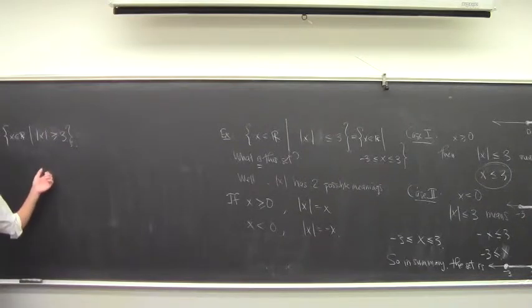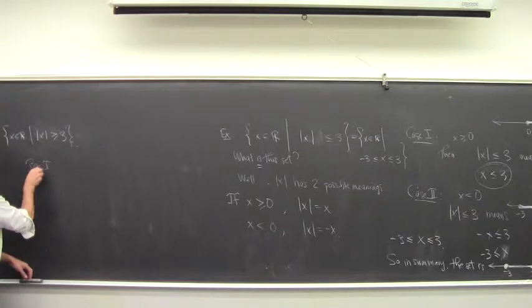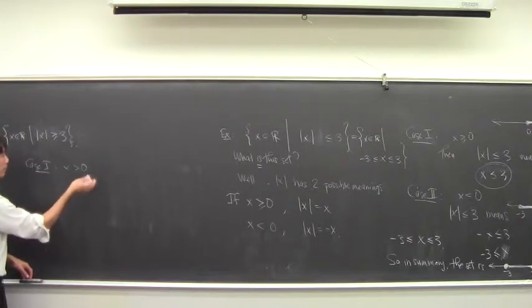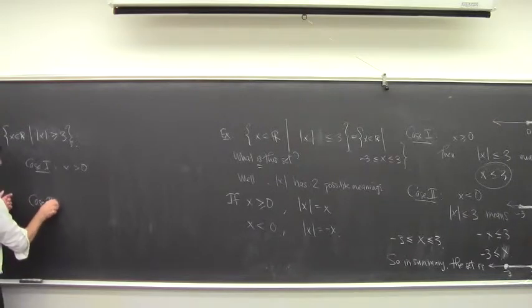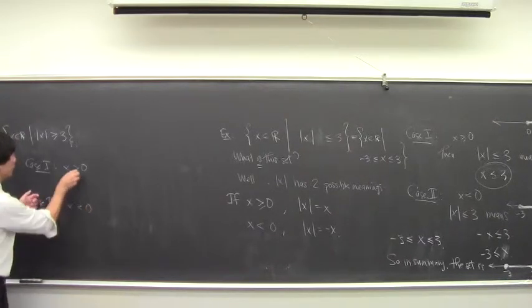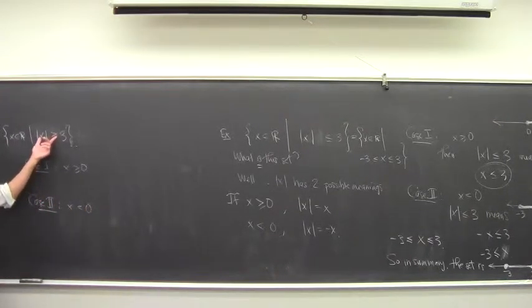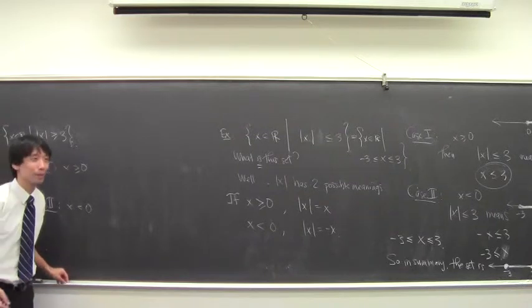So you say, we're going to break this into 2 cases. Case 1. If x is positive, then this means something. Case 2. If x is negative, then the condition becomes something else. Take 1 or 2 minutes.